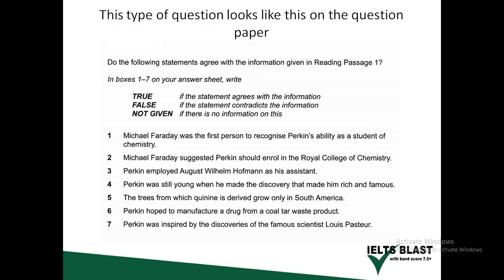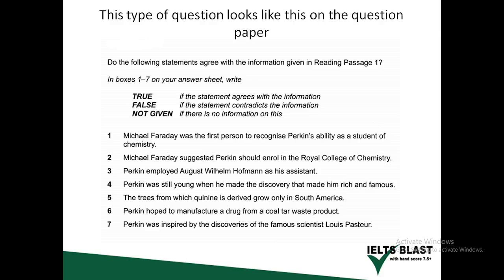Now, what is true? True means the way the question is, it has the same meaning as a particular sentence in the passage. So you need to look for what? That sentence. They must have the same meaning together.